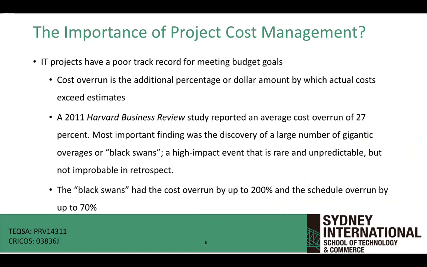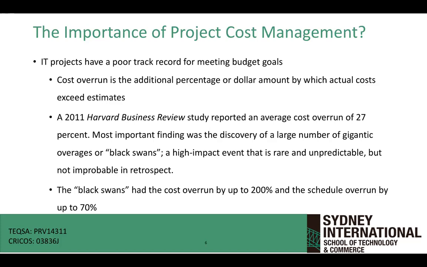That's 27% of the money you spend on your project that is wasted, money that is gone. The most important finding was the discovery of a large number of gigantic overages, or black swans. Those are very, very high overruns in terms of the actual budget. A black swan is a high-impact event, rare, unpredictable, but not improbable. It occurs a lot, and it results in big financial losses.